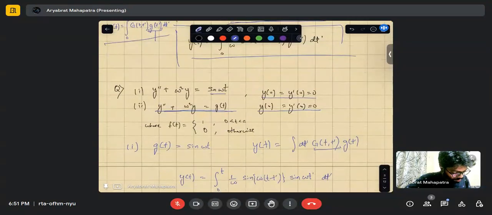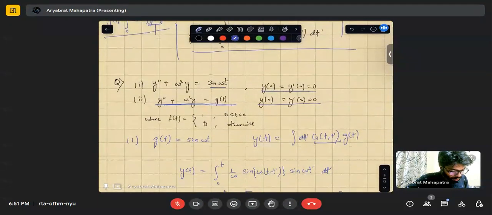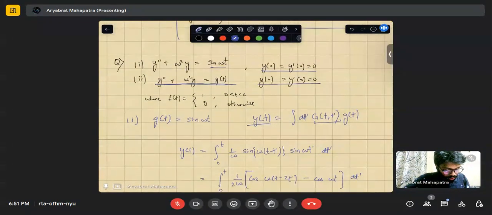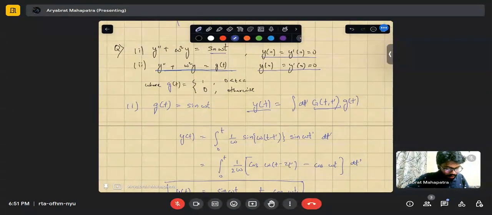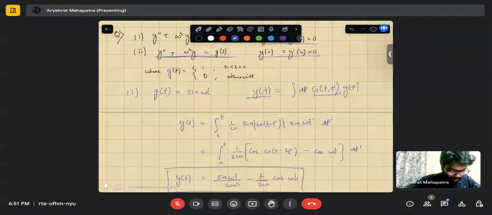Now, once you have the G, you can easily calculate the solution for the differential equation. That is, you can get y of t. But to do that, you also have a very specific form of G. Sorry, again, this will be Z. So this G of t is 1 when your t is between 0 and a, and otherwise it is 0.